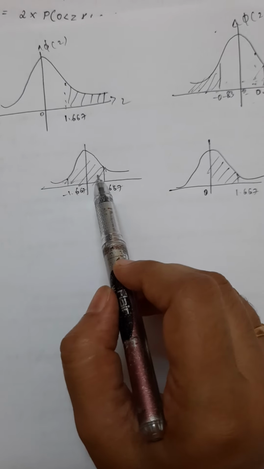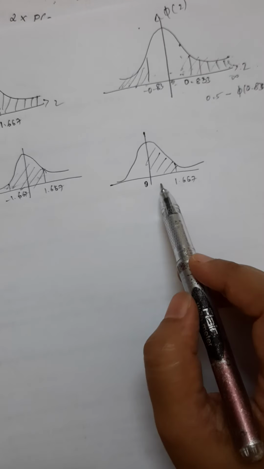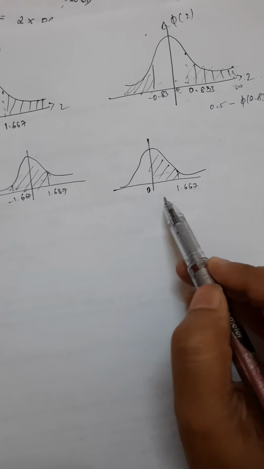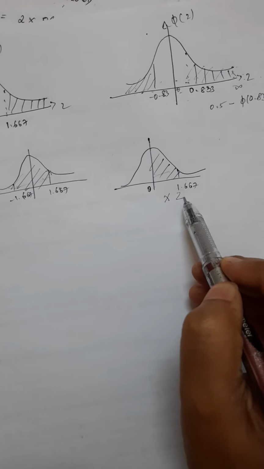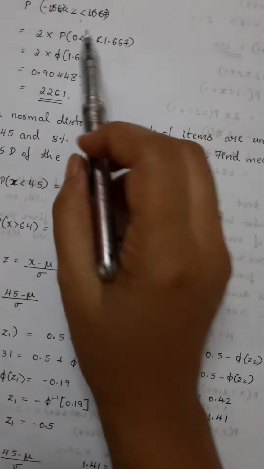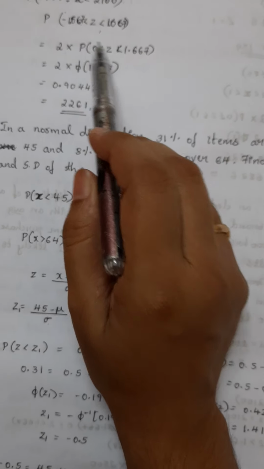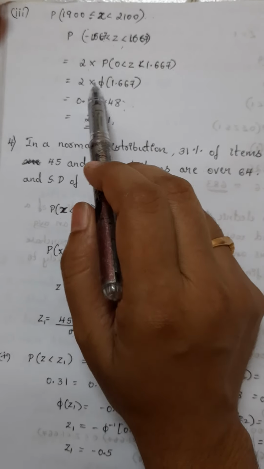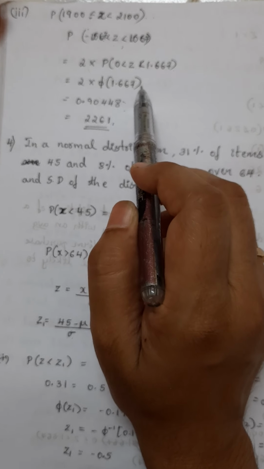Instead of calculating the whole area, I'll calculate from 0 to 1.667 and I'll multiply with 2. So, 2 into probability of z lies between 0 to 1.667. 2 into this value is phi of 1.667.